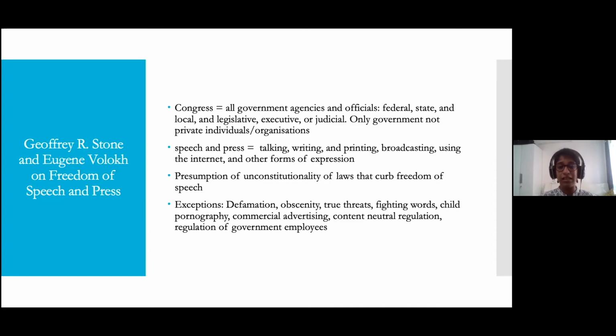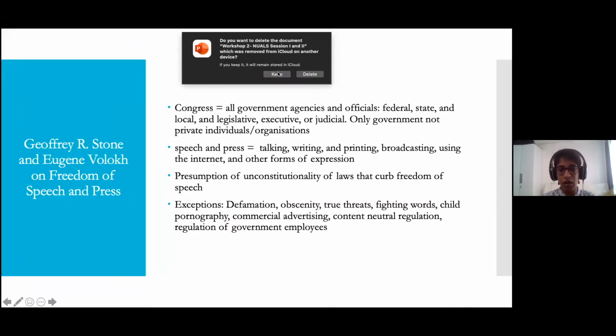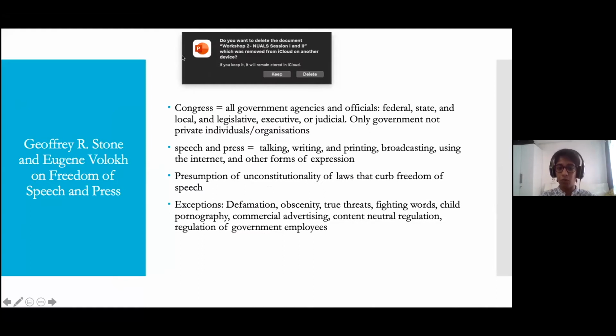True threats are incitement words, or words that incite violence. Fighting words, once again similar to true threats, involve face-to-face personal insults that are likely to lead to an immediate fight. These are, once again, low speech or unprotected speech.